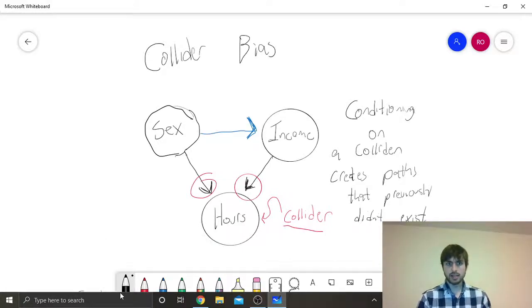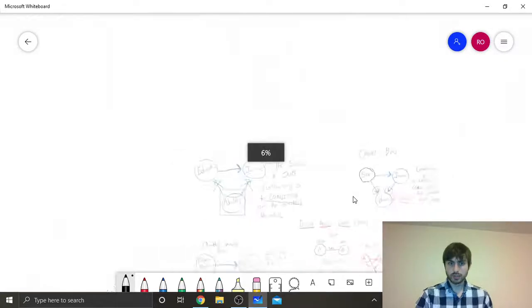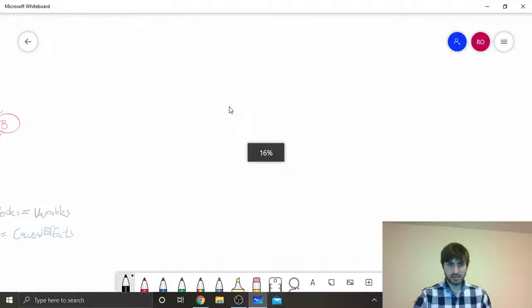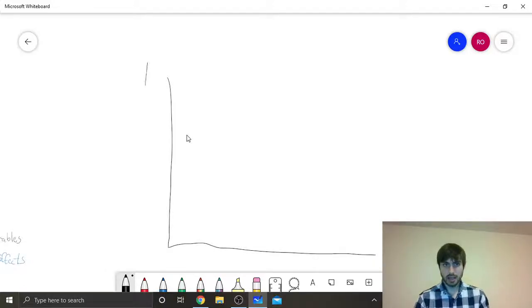One way to think about collider bias is we can do this with a scatter plot. So let's say we have two variables, A and B, and the scatter plot for A and B looks like this.